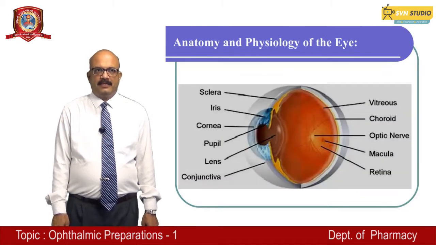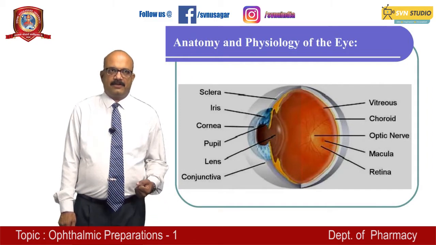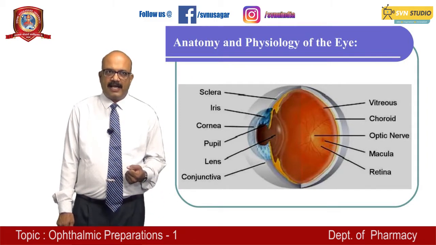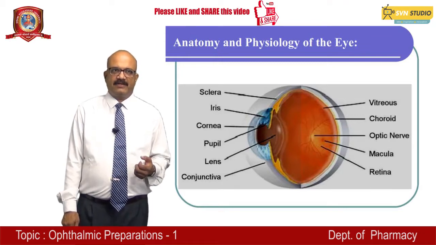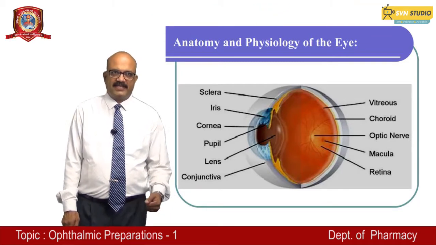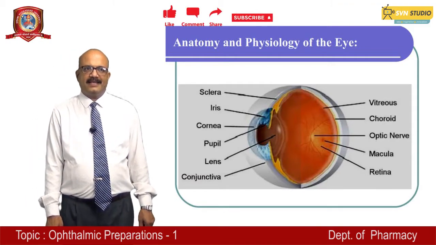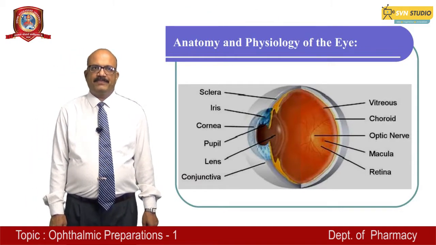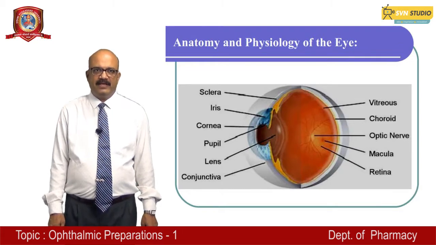Coming to the anatomy and physiology of the eye, as you can see, this slide shows the figure of the eye and its various parts: sclera, iris, cornea, pupil, lens, conjunctiva, vitreous chamber, choroid, optic nerve, macula, and the retina.